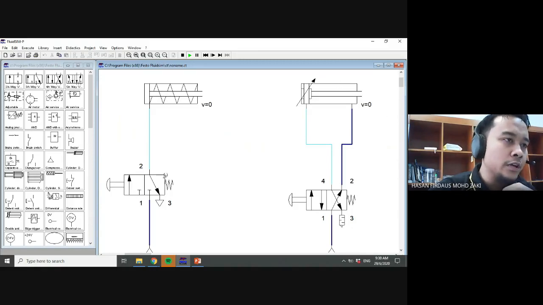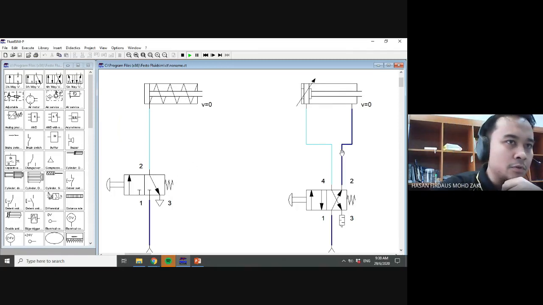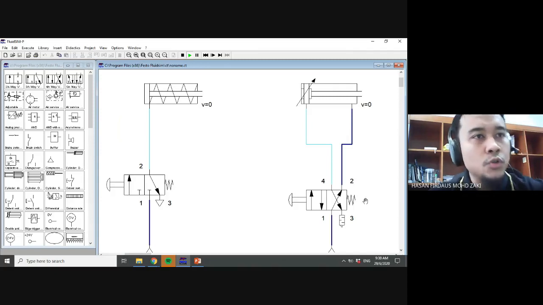You can use it in practice, but you can only make it advance, and then you cannot make it go back to the retracted position because you cannot control the other port. So to control the double acting cylinder, you need a DCV with two ports at the top.